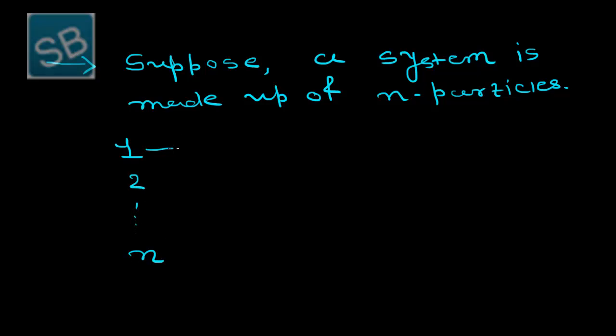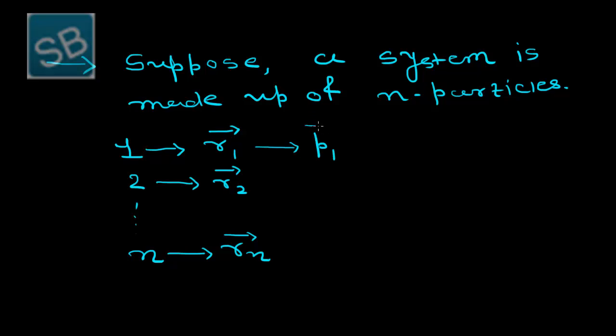Suppose the first particle has position vector r1, the second particle has position vector r2, and the nth particle has position vector rn. Similarly, their linear momenta will be p1, p2 and pn respectively.